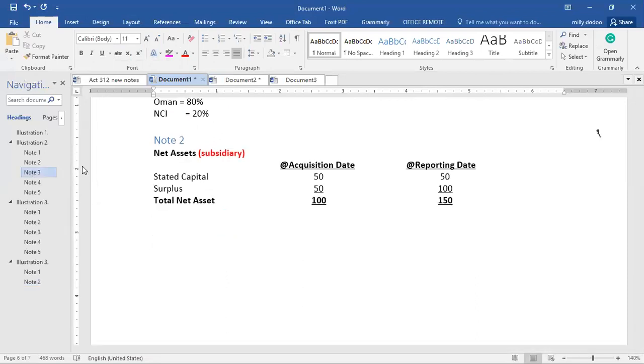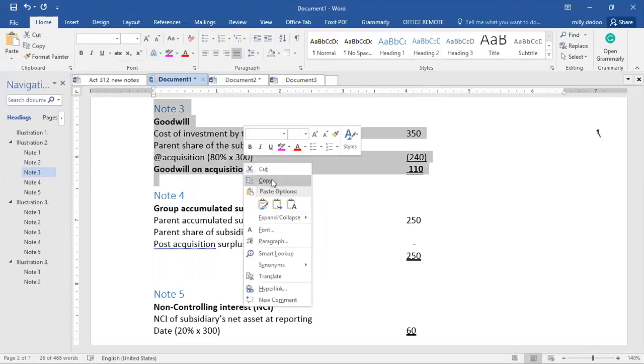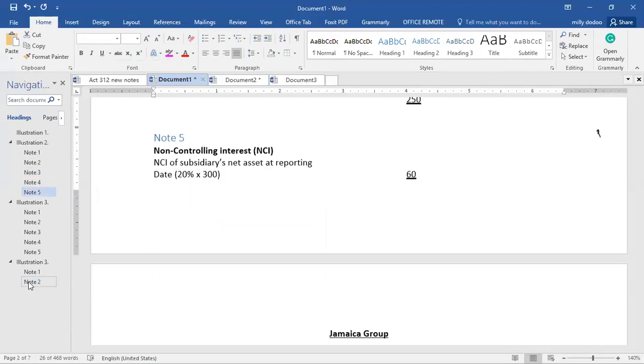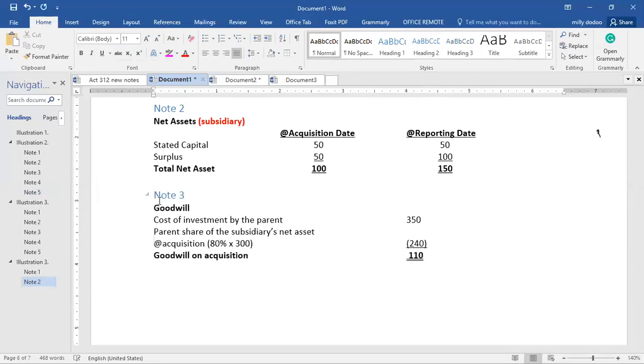Then from there, you move on to note 3, where you have to be very, very careful, where the whole non-controlling interest of the subsidiary comes in. So now, note 3, you look out for the cost of investment by the holding company, which is Muscat.